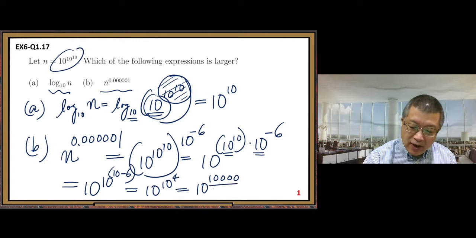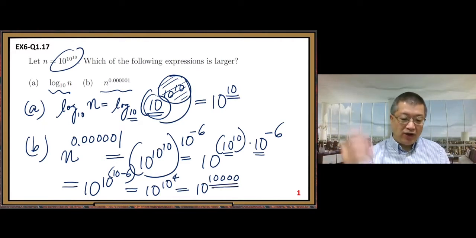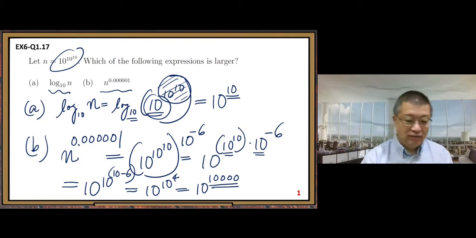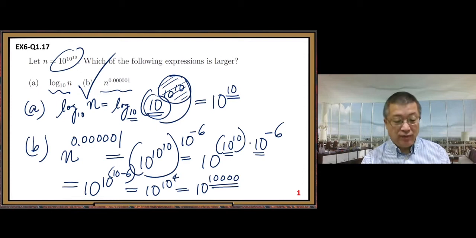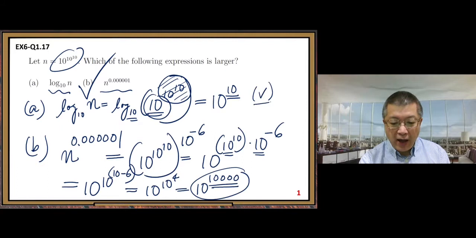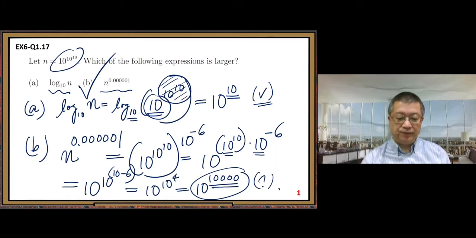Compare 10,000 here with just 10. Which one is larger? Very simple, right? How many of you can get this number? The hard part is this number. This one is relatively easy. Most of you can get that, but not many of you can get this one. All right, so that's the first question.